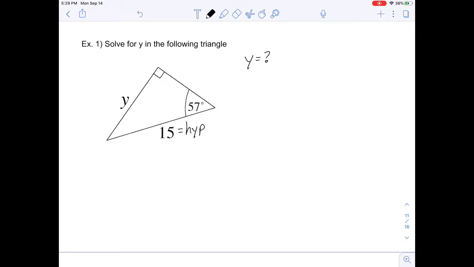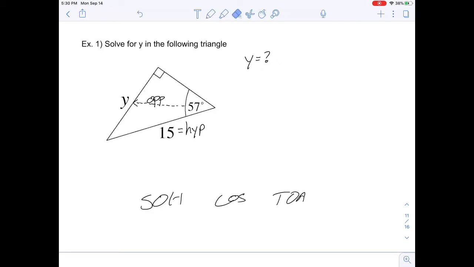Notice we are given the hypotenuse. We're given an angle. Now, what is y in terms of that angle? If you're looking at it from the perspective of this angle, y is opposite. So we have to think, am I using sine, cos, or tan?